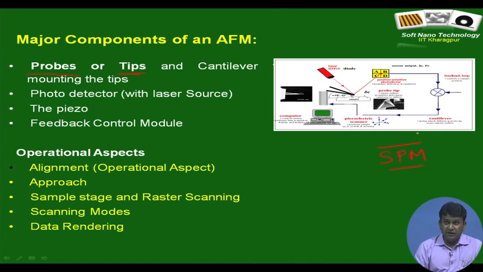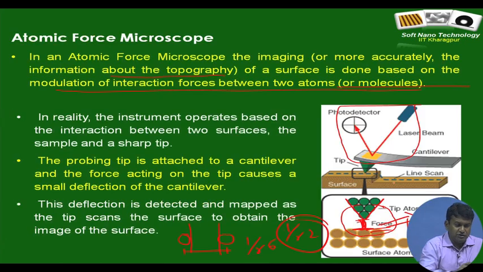For an AFM you again need a sharp tip, but this tip is made mostly of silicon or silicon nitride and is mounted on the bottom of a cantilever in a very unique geometry.